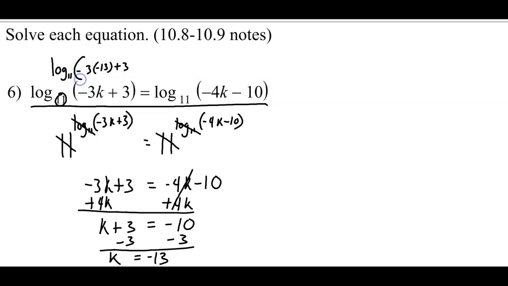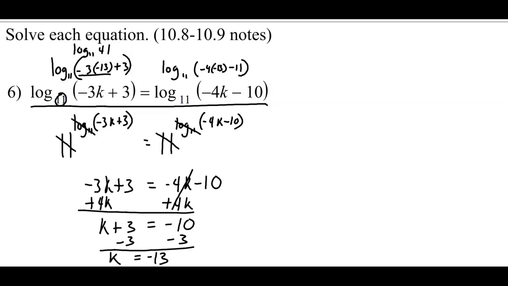And you want to do it on both sides. Okay, so on this side we have negative 3 times negative 13, that's 39, plus 3 is 41. So that's good. So long as this number doesn't come out negative in the end, we're happy. So that's a good answer.